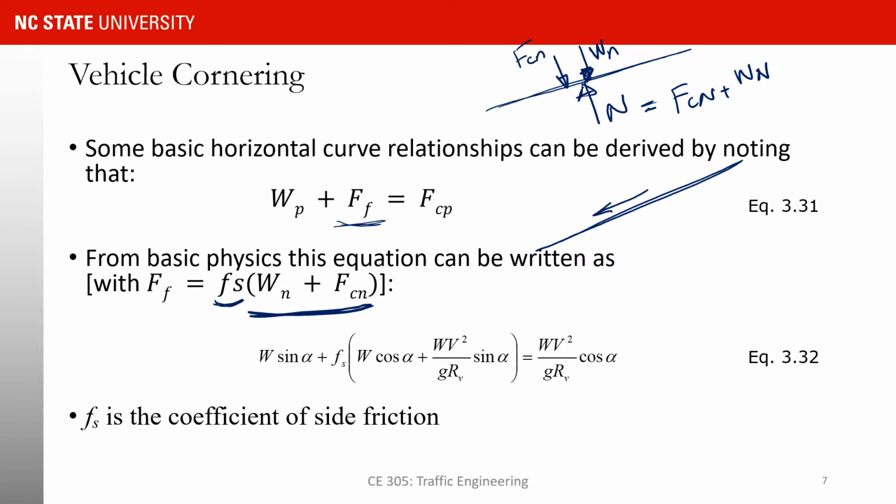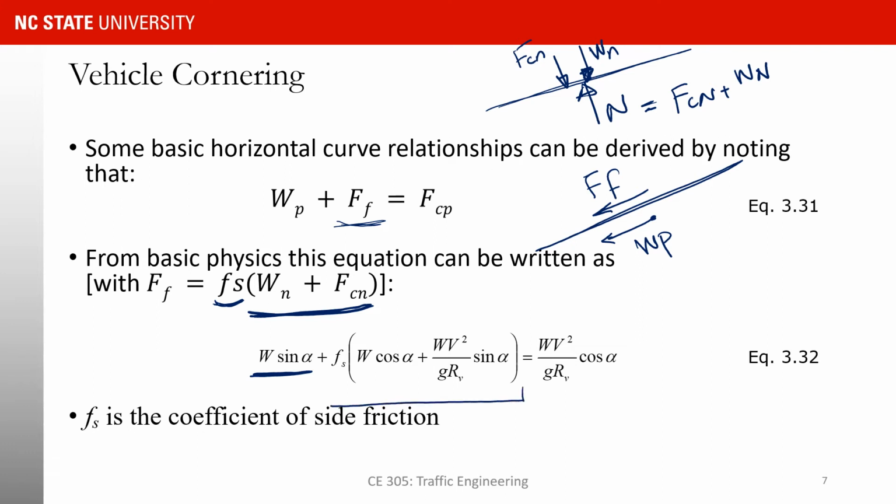So we have F sub F, so I have the value of that, and I have Wp, and the summation of these two is going to be equal to the forces that the vehicle is experiencing on this plane. So what I'm going to have is W sine of alpha, so this is WP.